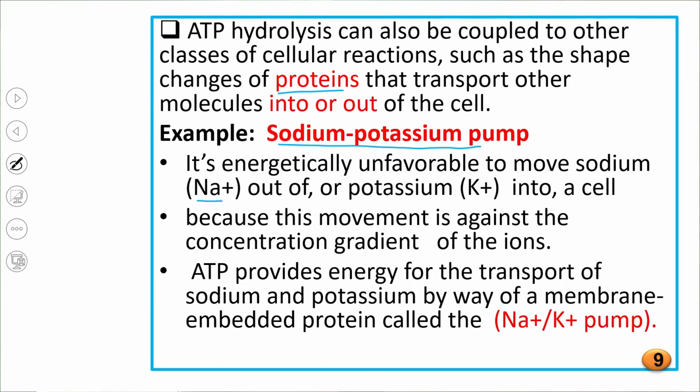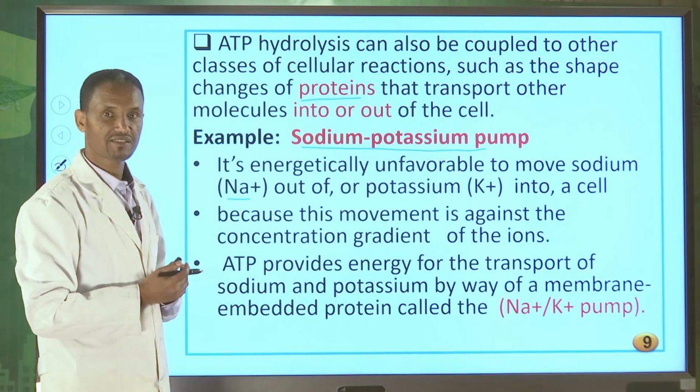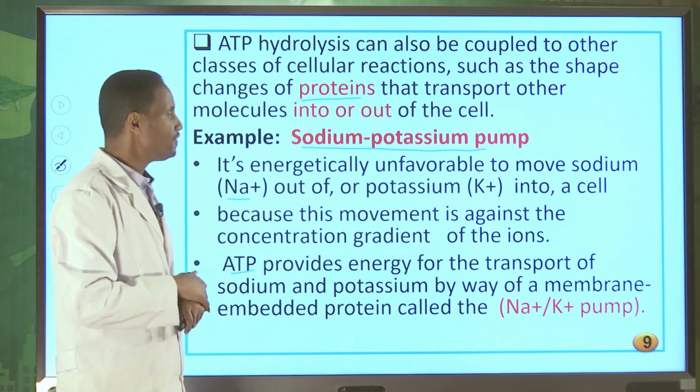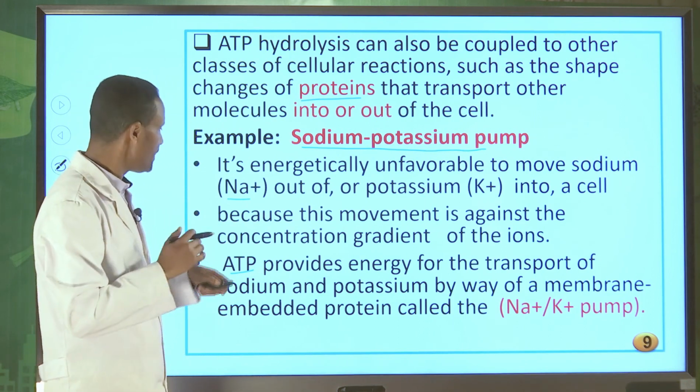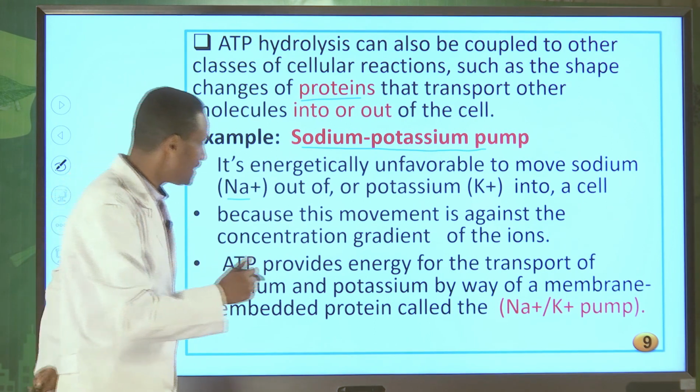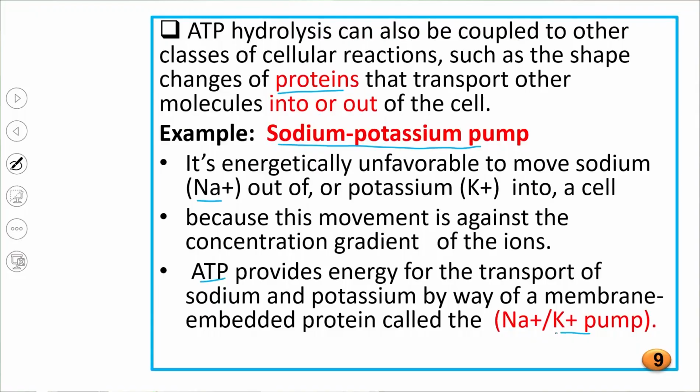Because this movement is against the concentration gradient, it is difficult to pump sodium out of the cell and potassium into the cell. But ATP provides energy for the transport of sodium and potassium by way of membrane embedded proteins, the so-called sodium-potassium pump.